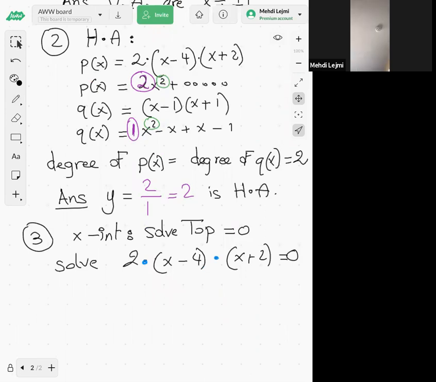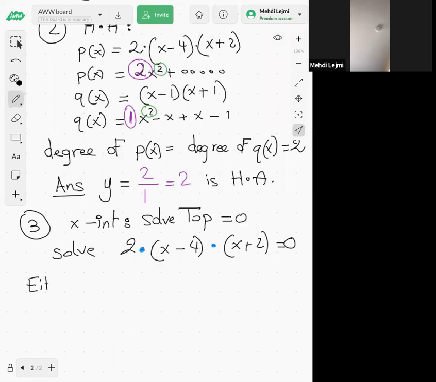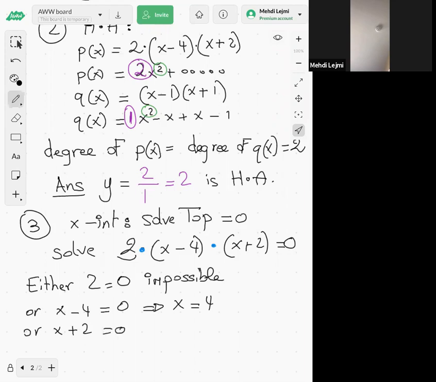So you can say, either this first factor, 2, is equal to 0, but that's impossible, right? 2 is not equal to 0. Or x minus 4 is equal to 0, but then your x would be positive 4, or your x plus 2 is 0, and so your x is negative 2.